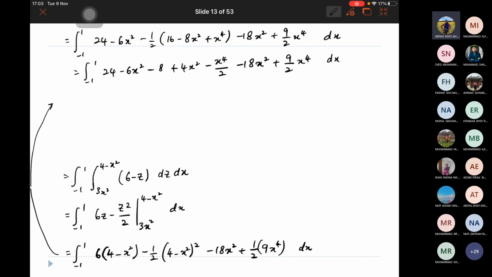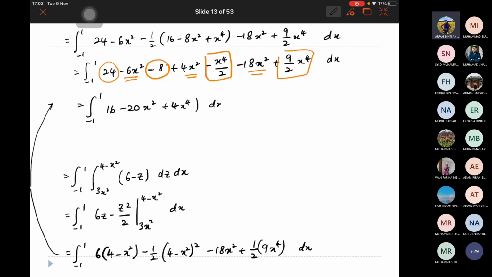So, daripada sini kita boleh settlekan yang mana nombor bulat is this one dengan negatif 8. Lepas tu yang x kuasa 2 yang ini. Okay. X kuasa 4 this one. So, boleh permudahkan. Akan dapat negatif 1 sampai 1, 24 tolak 8 jadi 16. Okay. Negatif 2 tambah 18 jadi negatif 20 x². Okay. 1 per 2, negatif 1 per 2, 8 bagi 2 jadi 4, tambah 4x kuasa 4.